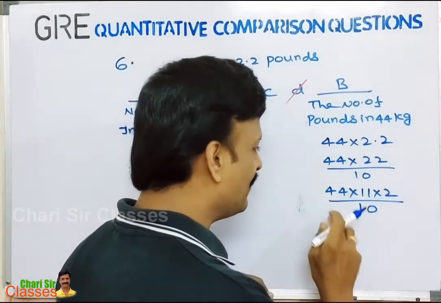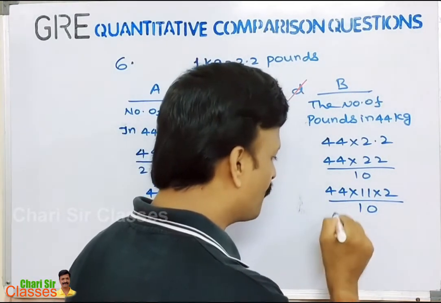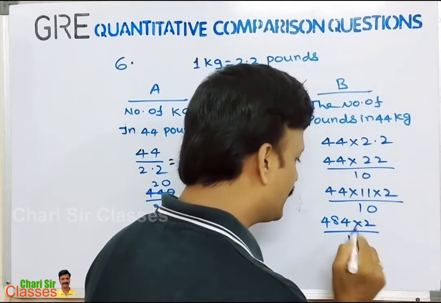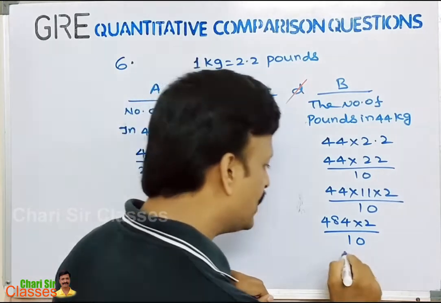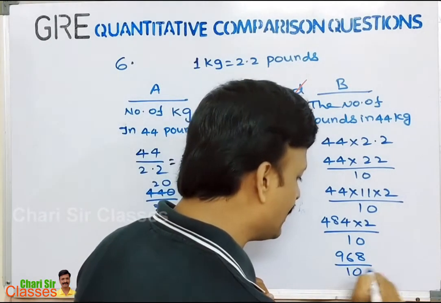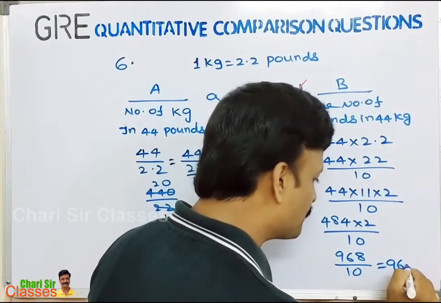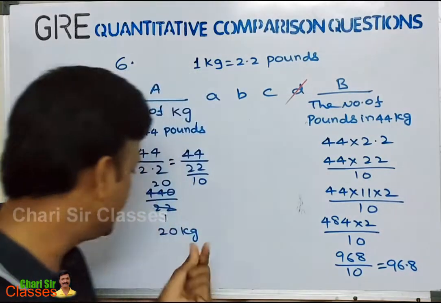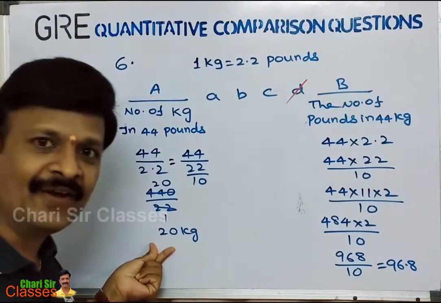Whenever you want to multiply with 11, this becomes 4, 4 plus 4 is 8, 4. And into 2 by 10. So 484 into 2 is 968, by 10, which is equal to 96.8. Now quantity B is 96.8 and quantity A is 20.